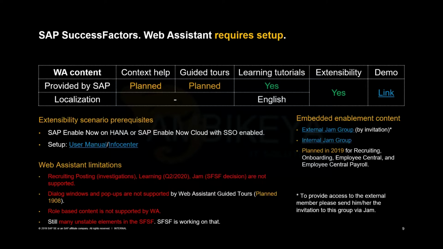And what happens if a user doesn't have credentials then? Isn't in the Active Directory, hasn't single sign-on, has no user? They would see a message, something along the lines of, you're not authorized to see this content. So they're still able to work in SuccessFactors, but they would not be able to see the Enable Now content. And they also don't get redirected to the standard content then?